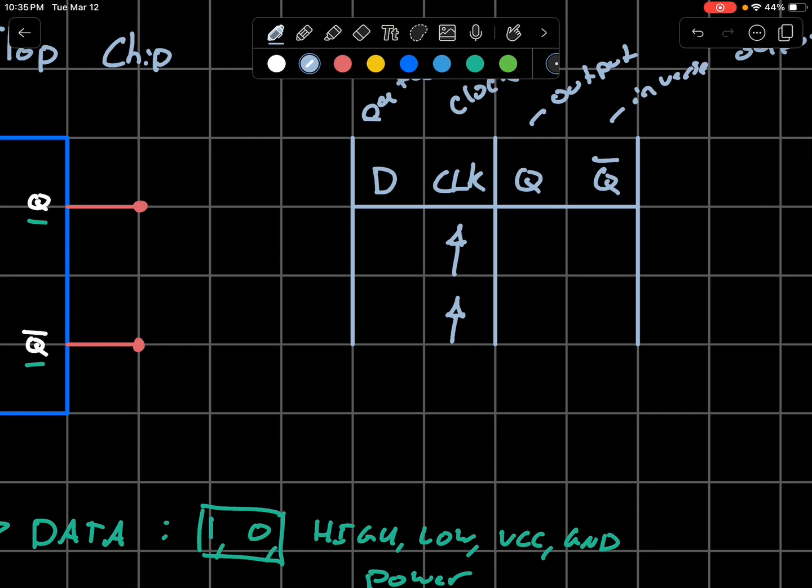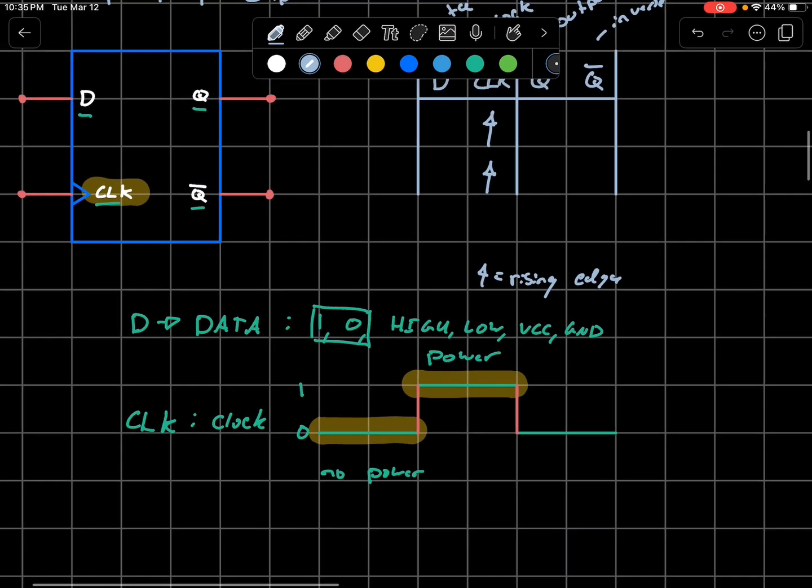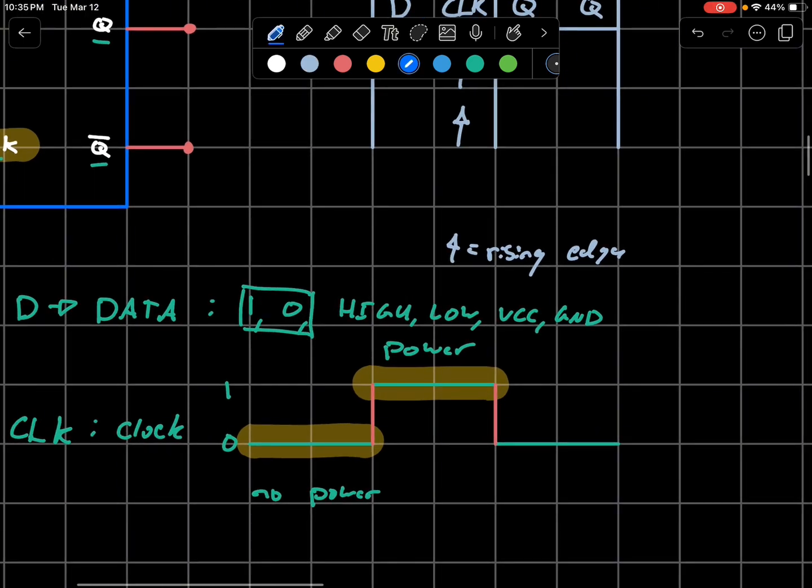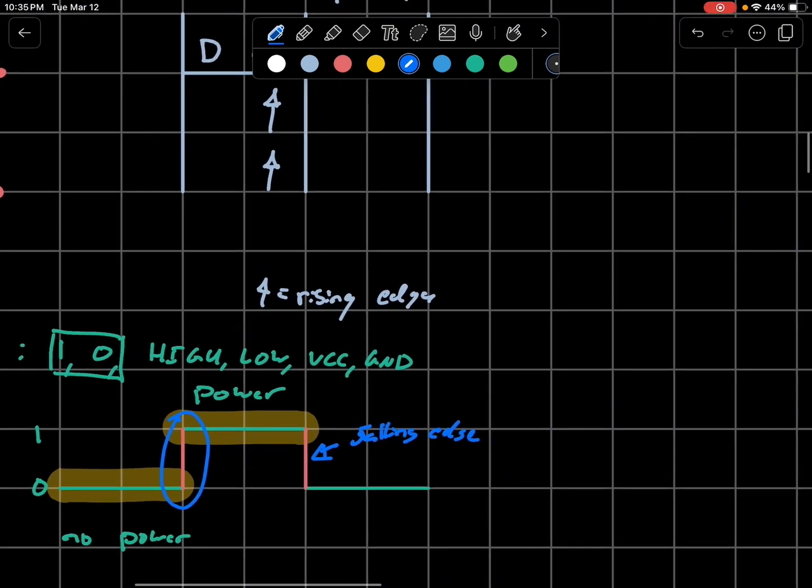And this denotes a rising edge. So what I'm saying is, back at this example here, I want Q to be output of D only in these rising edges. Only at this rising edge, because this right here is a falling edge. If we wanted to record a falling edge, the notation would instead be a sign going downwards.